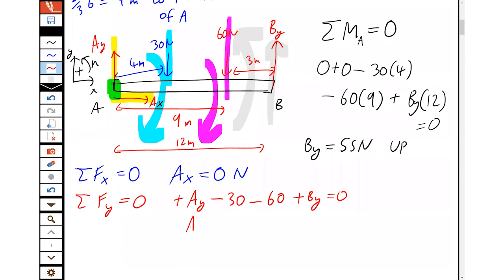Well, we know BY, that's AY minus 30 minus 60 plus 55 is 0. So AY is 35 newtons. That's positive, so it's in the direction of the arrow we drew, which is up. And that's the support reactions for that beam.